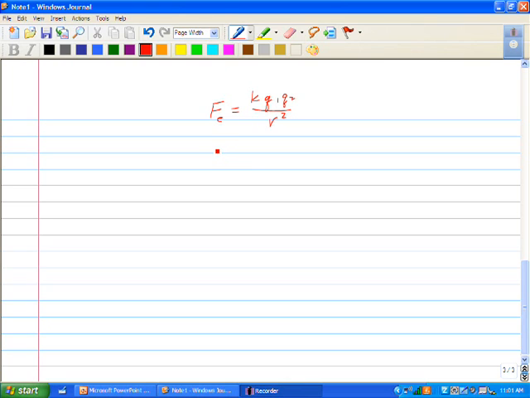And we know that the effective resistance of resistors in series is equal to the sum of the individual resistors. And the reciprocal of the parallel resistance of a group of resistors in parallel is equal to the sum of the reciprocals of the individual resistances.